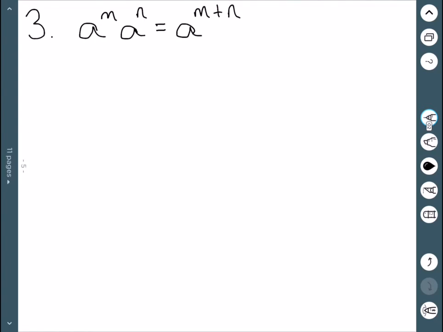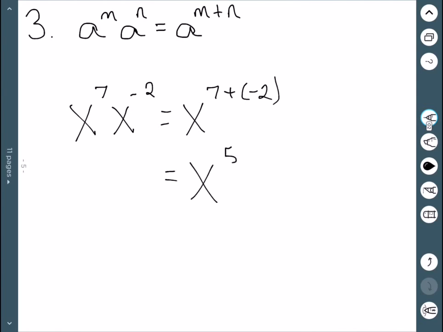Our third rule says if we multiply two things with the same base, we can add their exponents. For example, x to the 7th times x to the negative 2. This would be x to the 7 plus negative 2, which is x to the 5th.